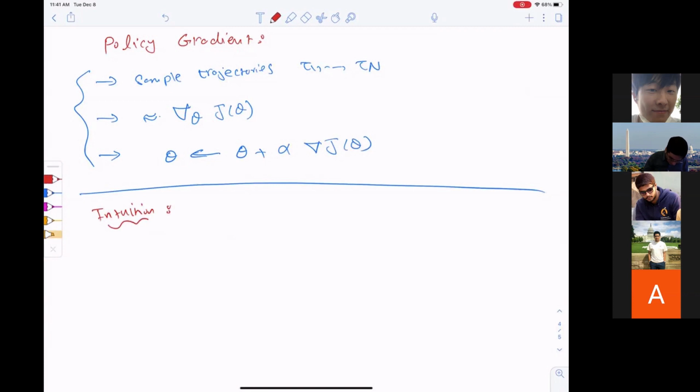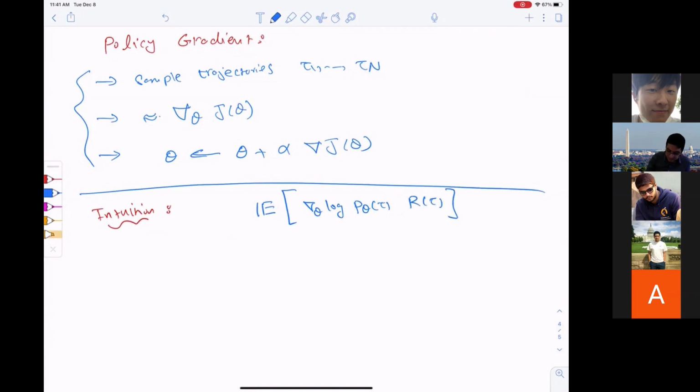Okay, so here, what I'm maximizing, I'm looking at the objective in this form. So I have the log of the probabilities for a particular trajectory multiplied by the reward function.